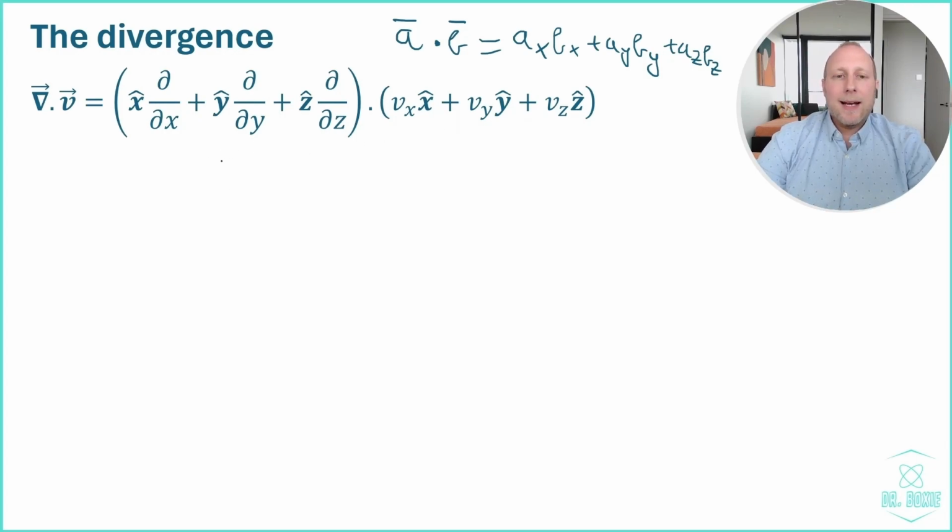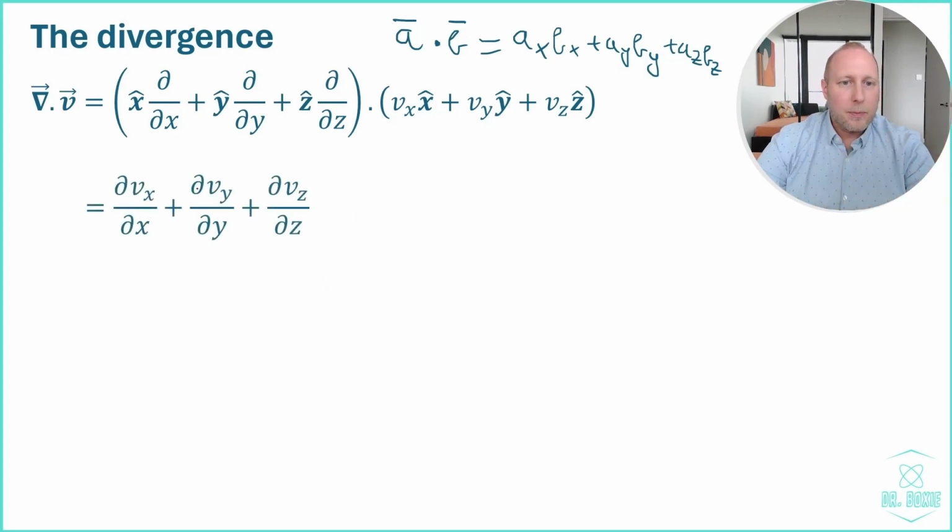And we will do exactly that. We will multiply the x component of del, so d dx, with the x component of v, so vx. But again, it's not an actual multiplication, it's an application. So we're applying d dx on vx, so we get the partial derivative of the x component of v with respect to x, plus dvy dy plus dvz dz. This thing is called the divergence of the vector field v.